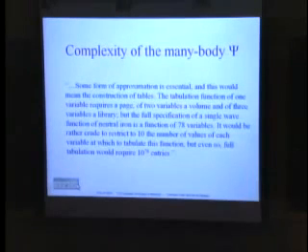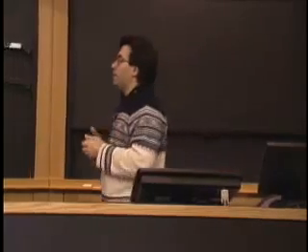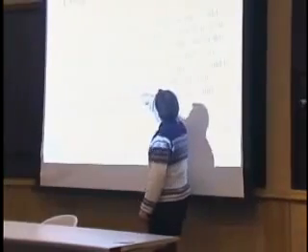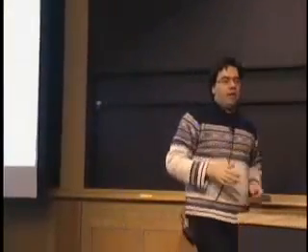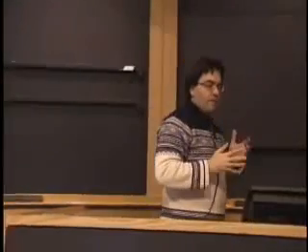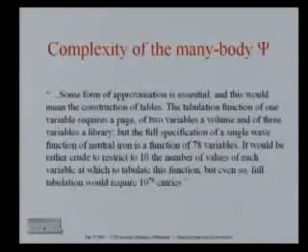And if you think about how many numbers we need to store this object with any kind of precision, well, suppose that we even limit ourselves to a very, very coarse sampling, only say 10 values around the iron nucleus. Well, even to give this wave function, to give this amplitude with this very coarse sampling, we would need 10 to the 78 numbers. So basically there is no way we can numerically deal with the complexity of the wave function.